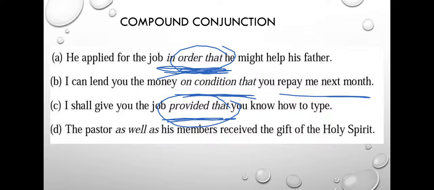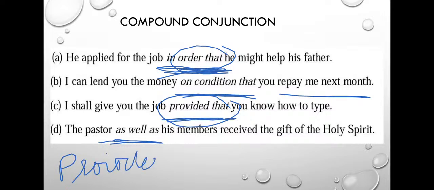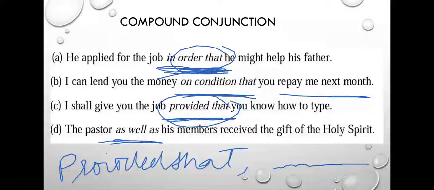The pastor as well as his mentor received the gift of the Holy Spirit; as well as is right here. Provided that can also be placed, provided that, comma, and then go on. I will give you explanation of all these things in the next video, where we'll be discussing all of the conjunctions and their uses and how to use them, their structures and constructions and everything.